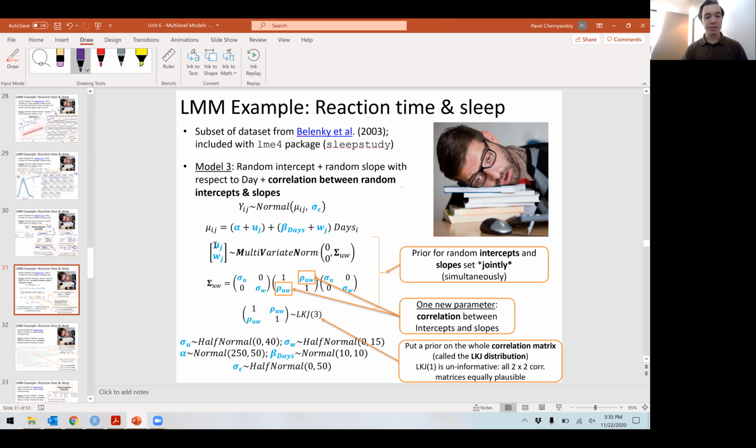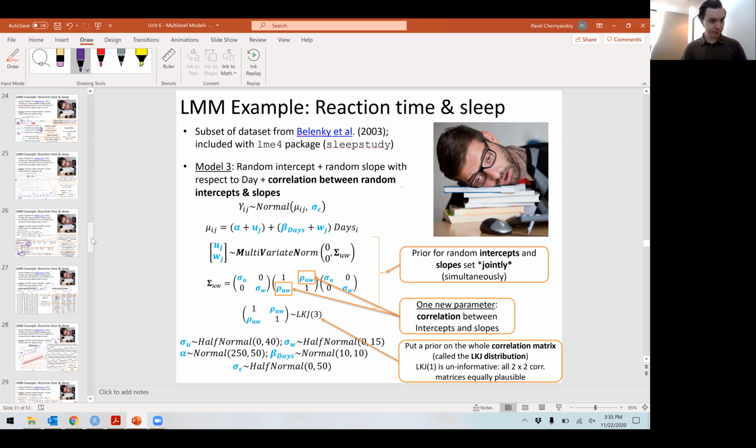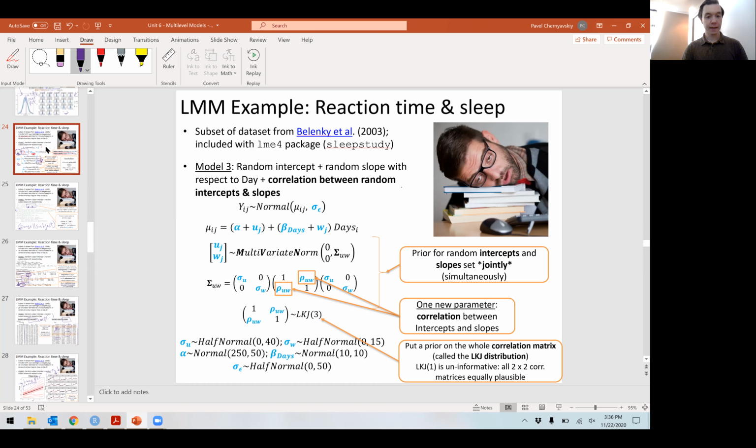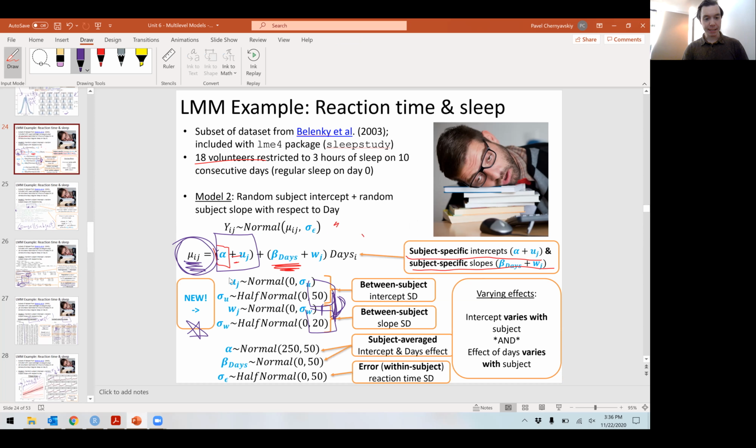This is the correlation between the deviations from the population intercept and the deviations from the population slope. And the way we induce this is we draw these together at once from a multivariate normal distribution, as opposed to separately from a normal distribution.